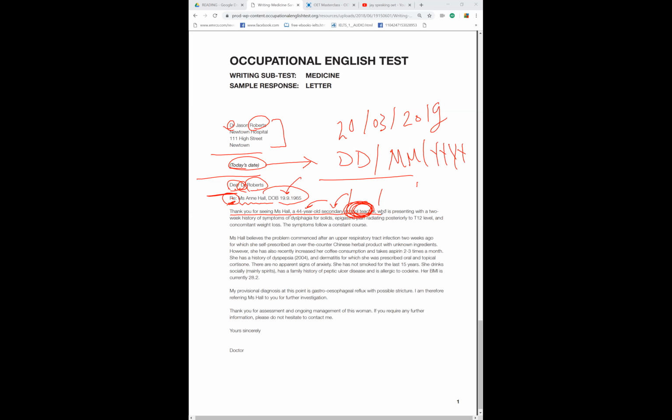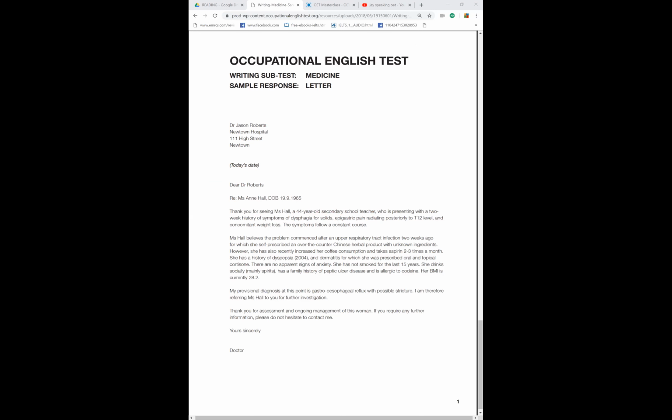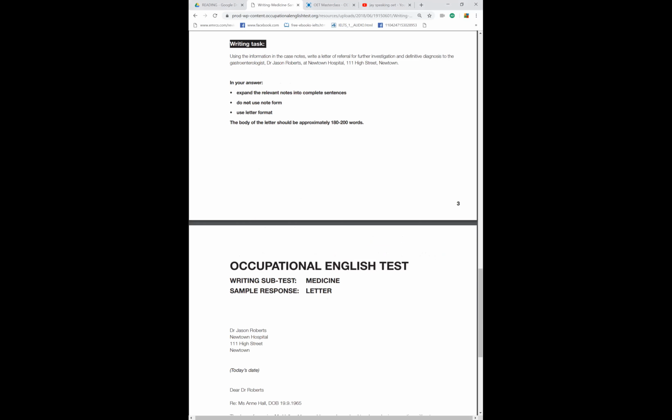Who is presenting or whose symptoms are suggestive of. You will read many formulas of the first introductory paragraph. Then you will write only the specific complaint. The final complaint you will find here.